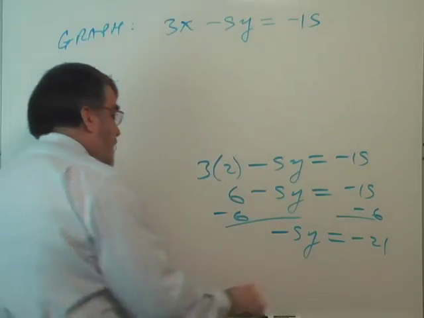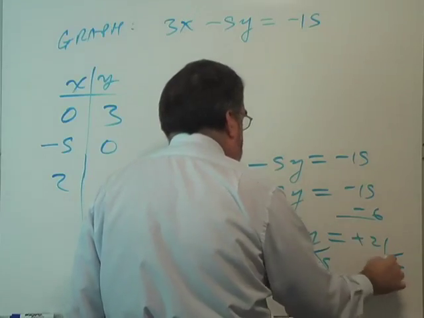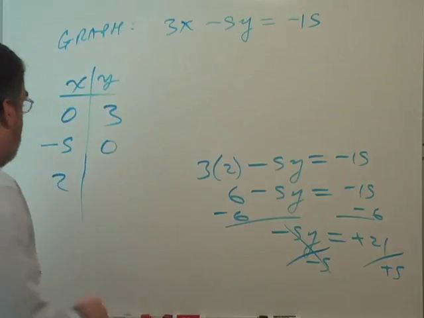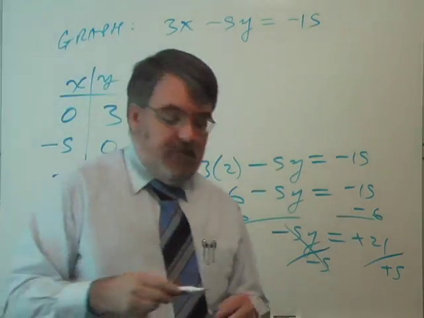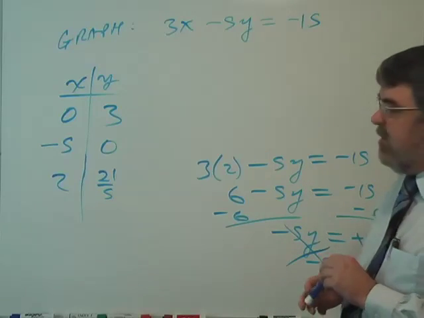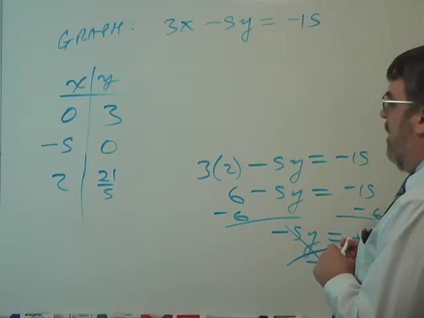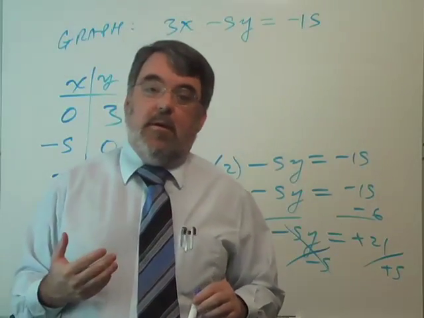And now divide by negative 5, and I get 21 fifths. 21 fifths is 4 and 1/5, or precisely 4.2. All right. Well, there's nothing wrong with fractions on graphs. You just have to estimate where they go on the grid.